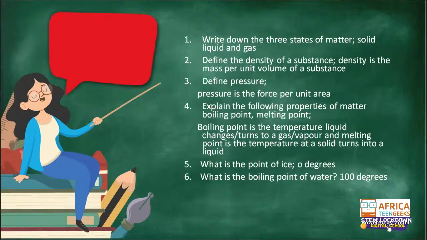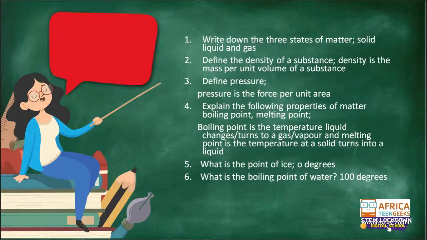Boiling point is the temperature when a liquid turns to a gas or vapor. And melting point is the temperature at which a solid turns into a liquid. Question five was asking the melting point of ice, which is 0 degrees. And question six, the boiling point of water is 100 degrees Celsius.